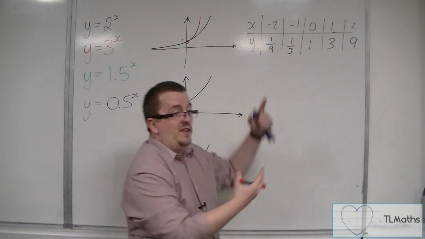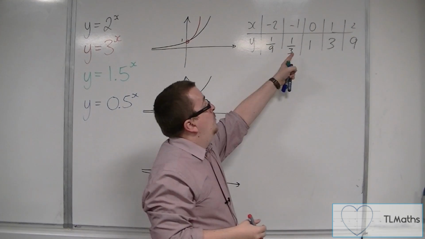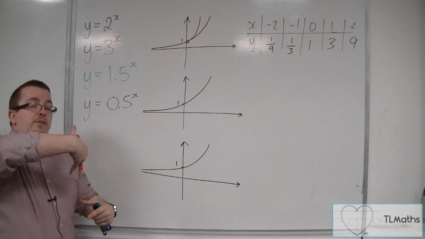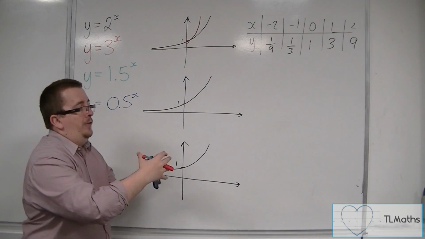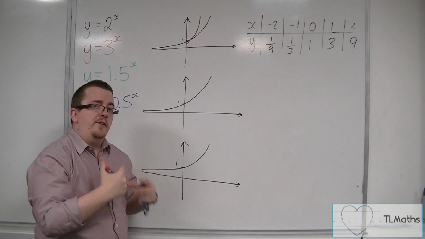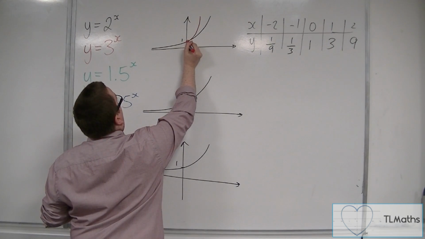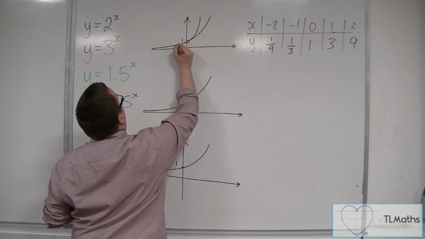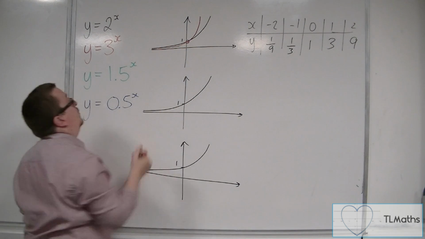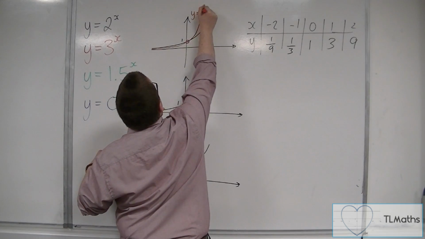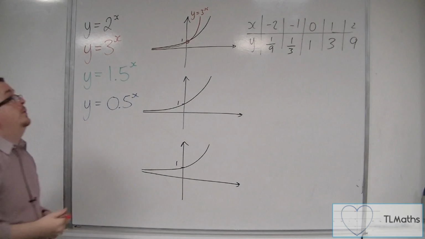And also to the left of the y-axis, we're getting 1/3, 1/9, 1/27, 1/81, and so it is decreasing faster than 2 to the x as well. And so the curve will be below the black line to the left of the y-axis. And so this is y is equal to 3 to the x as compared with y is equal to 2 to the x.